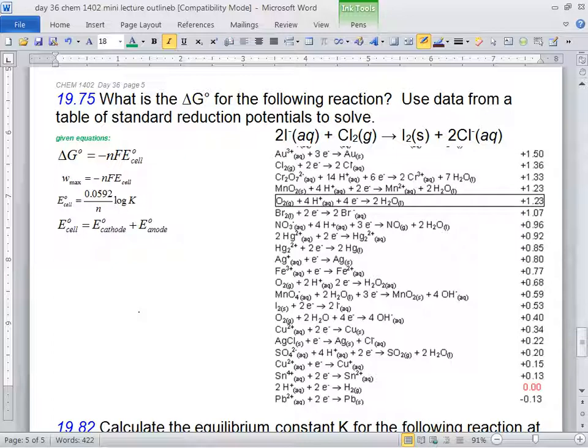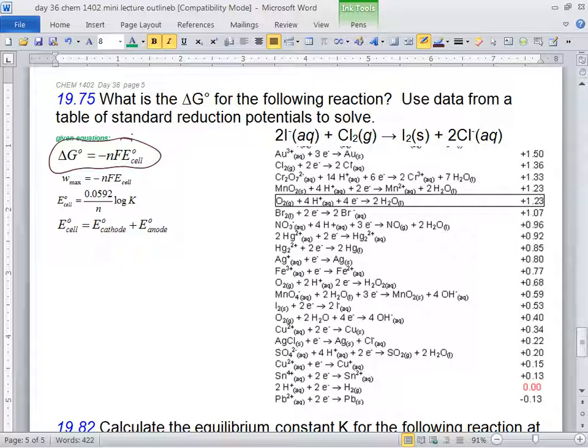It says you have to use data from a table of standard reduction potentials. That means what equation? The delta G. The only one that says delta G. The only one that says delta G, exactly. You only have one choice here. Okay, that's what you have to use.